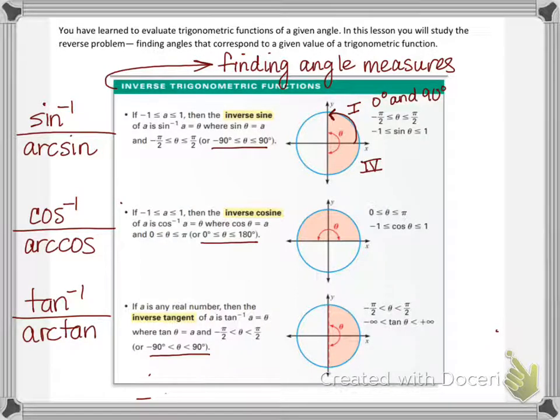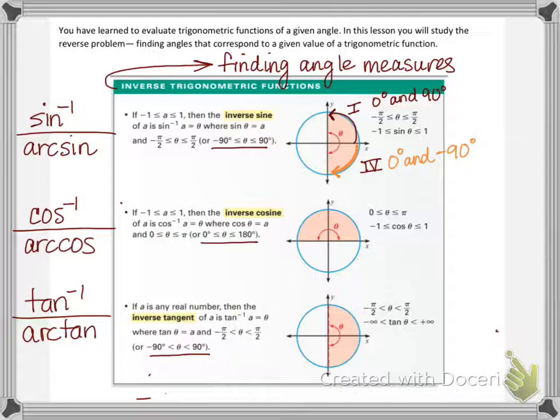But if your angle is caught in quadrant 4, I need you to read it this way, okay? This way. Notice my arrow. So that means that angle is going to go from 0 degrees all the way to -90 degrees. So your angles are going to be lower than 90 and greater than -90.